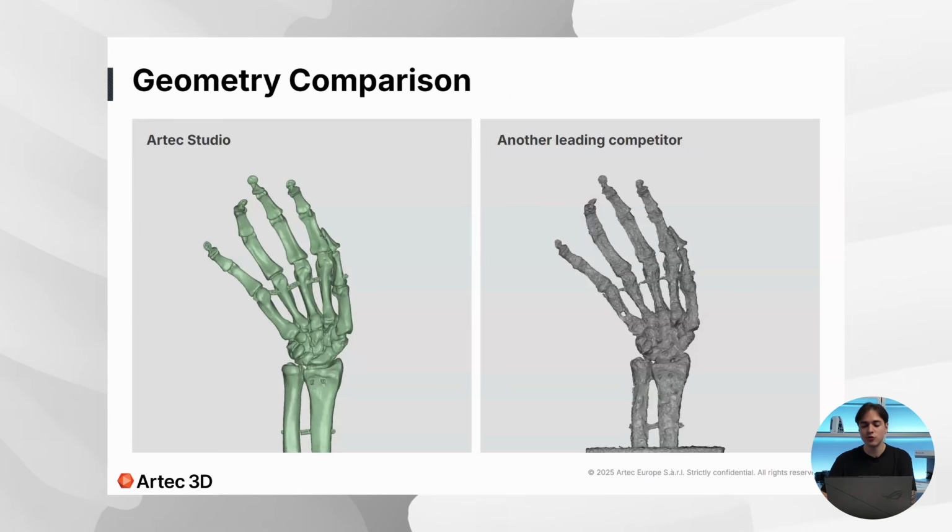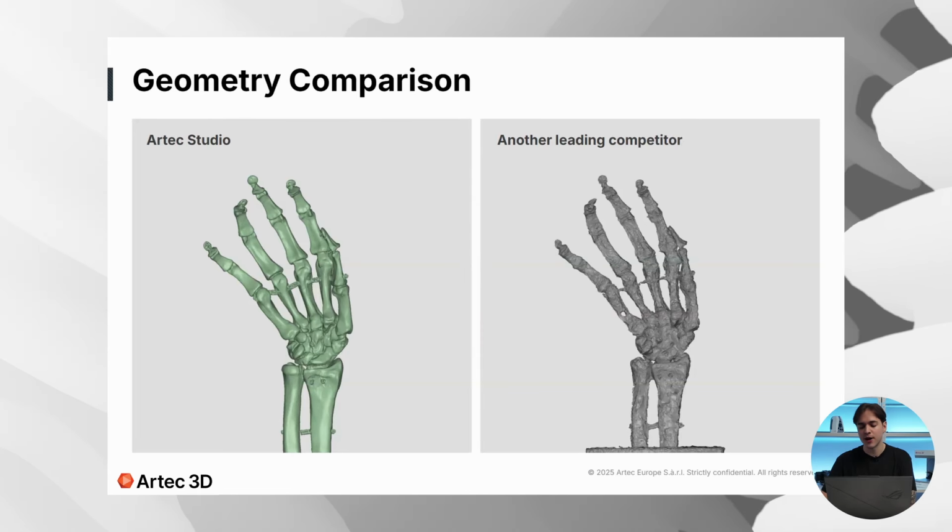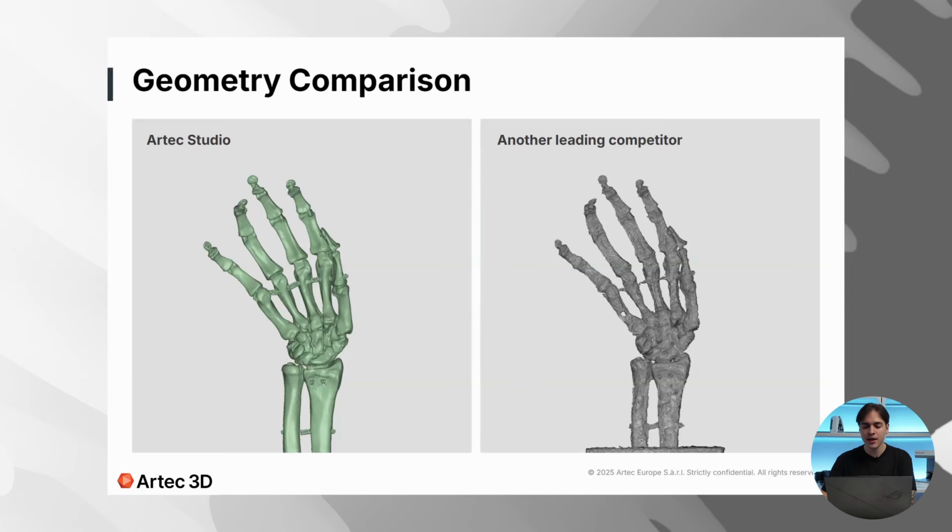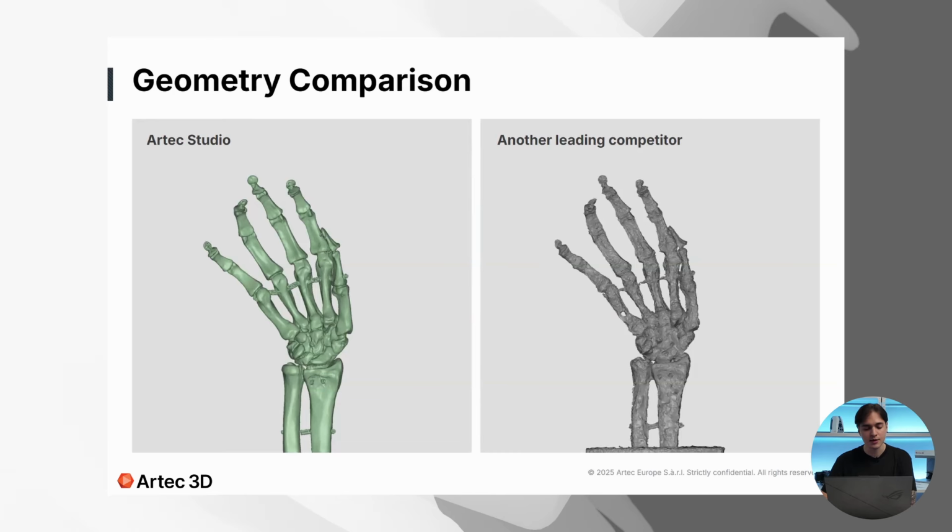As you see, due to the object not having any distinctive texture features, distinctive patterns, due to it being a single color, different software tends to reconstruct it with much more noise. You could see that the surface on the image on the right is very bubbly. It lacks proper definition, and it looks low quality with the texture turned off. And yet with Artec Studio, we get a really clean representation of the model, as you could see on the image on the left.